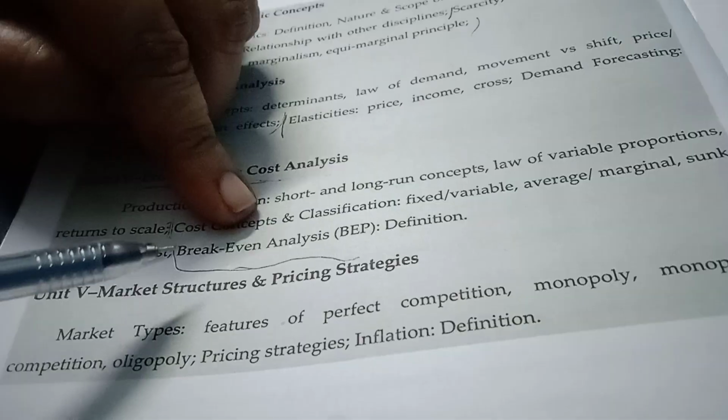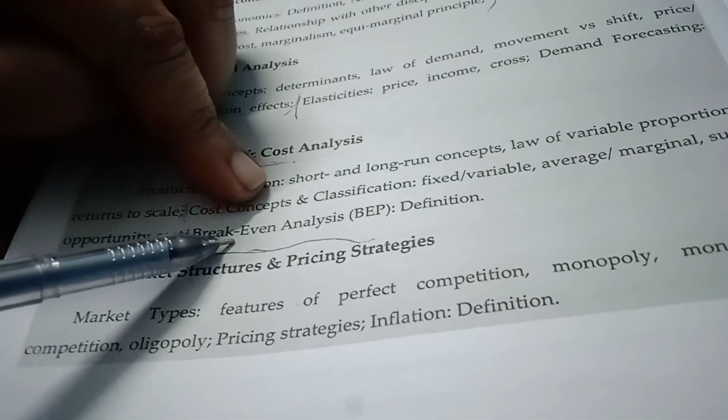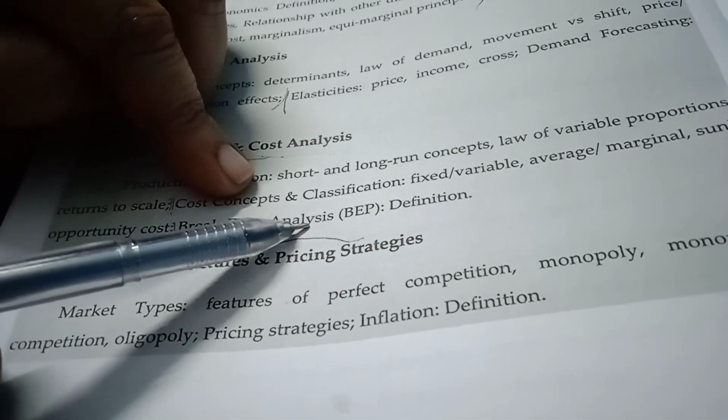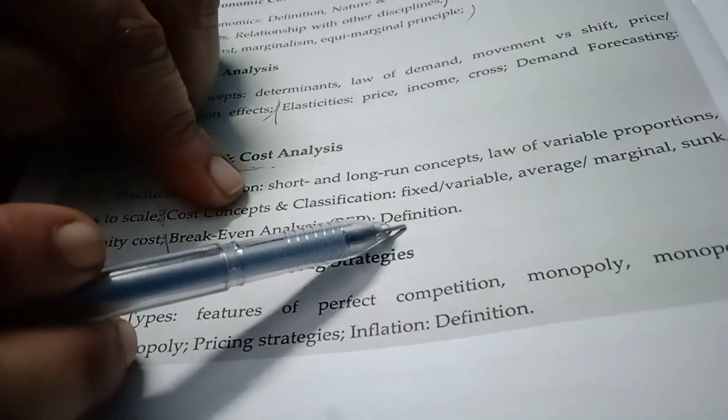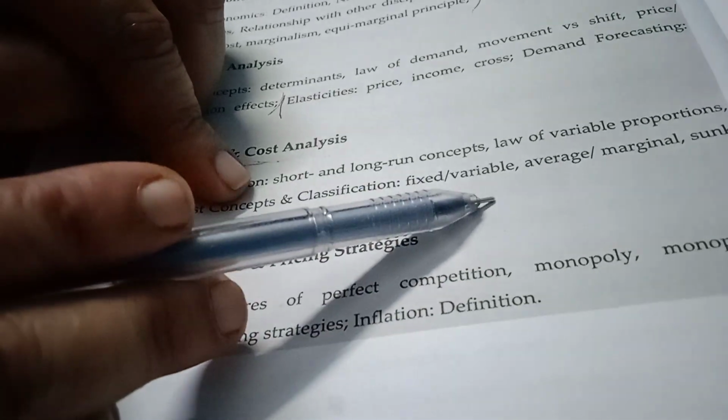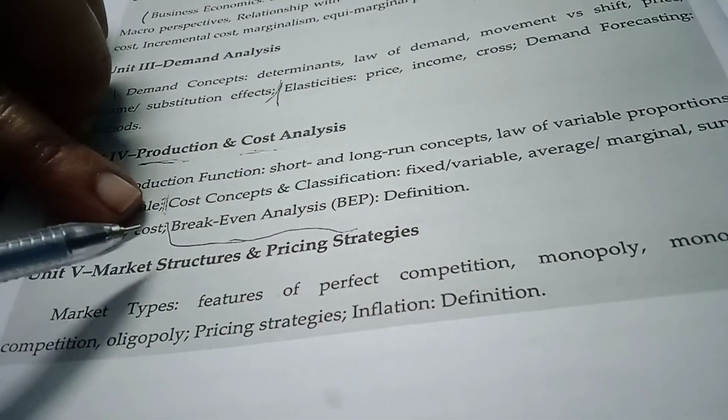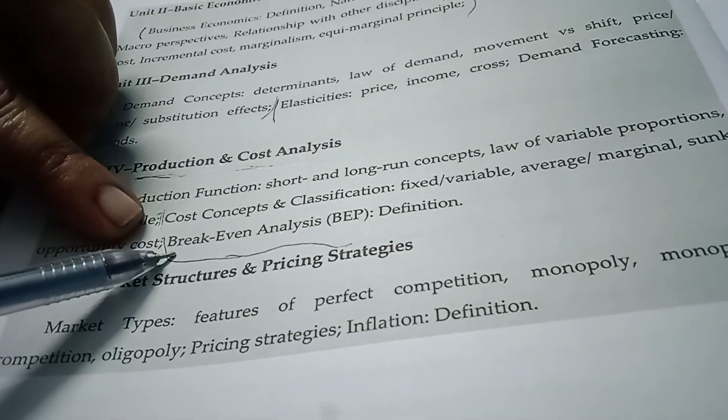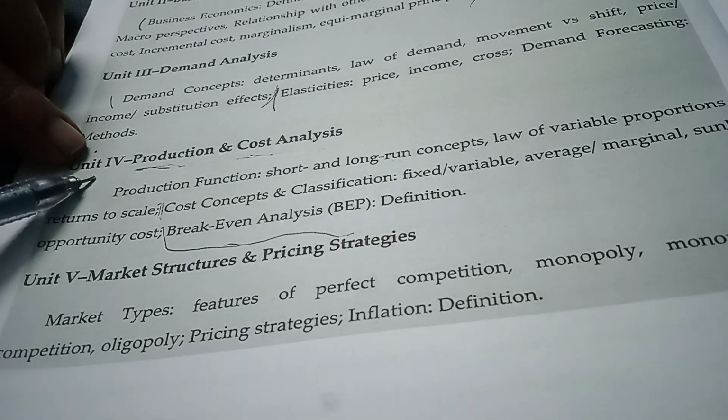My suggestion is that students compulsorily go with this topic, break even analysis: definition, chart, limitations. This is considered the second half of unit 4.